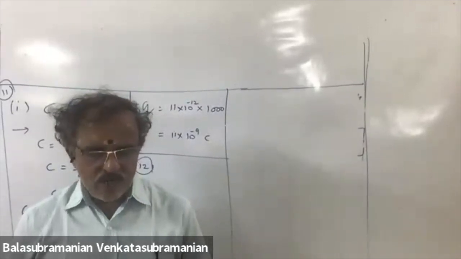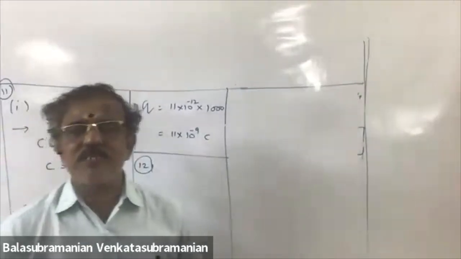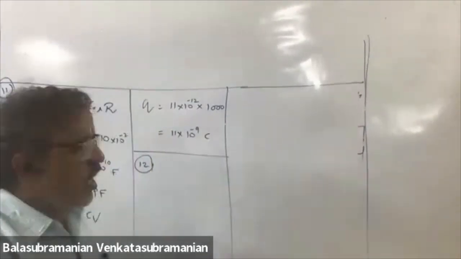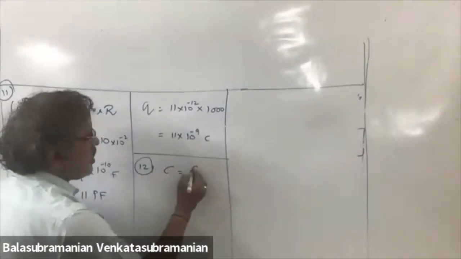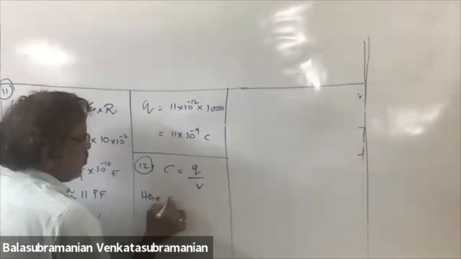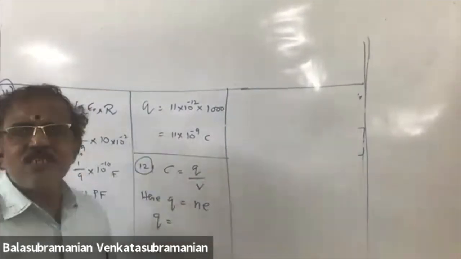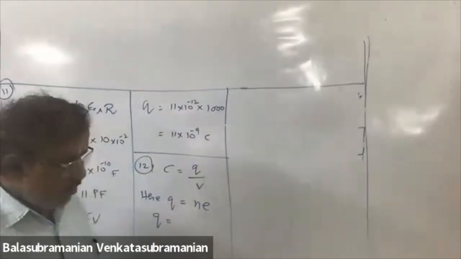Given number of electrons, potential difference is given. You have to calculate capacitance. Basic formula of capacitance is C is equal to Q by V. Here, what is Q? Q is equal to Ne. What is number of electrons given? 10 power 12.